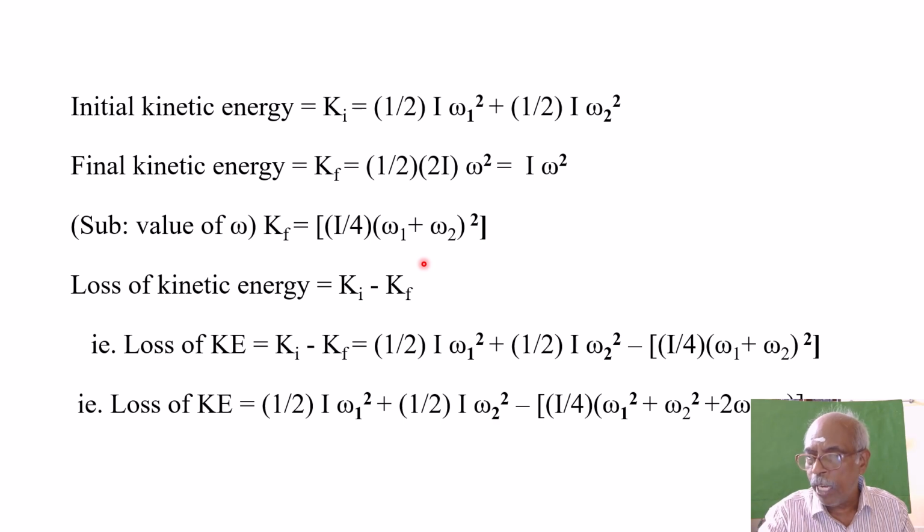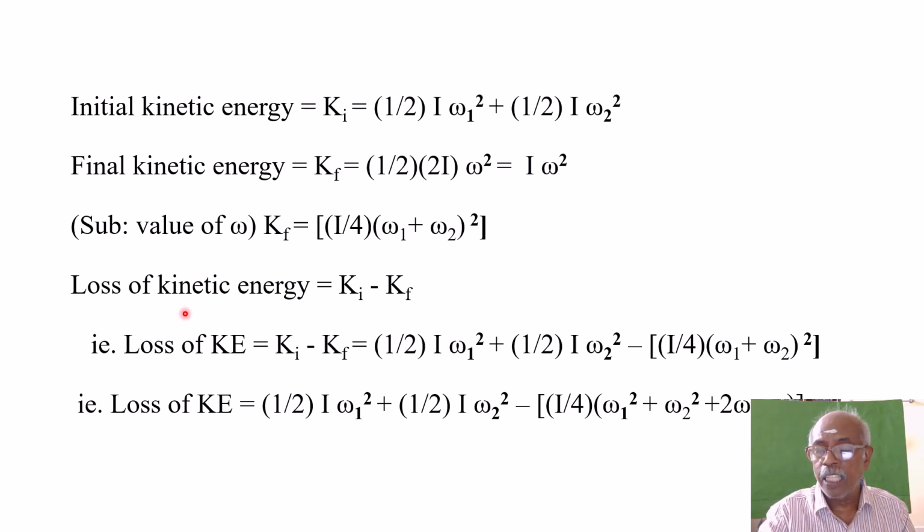What is 2 square? 4. So substituting the value of omega, Kf is equal to I into omega 1 plus omega 2 the whole square divided by 4, that is I by 4.